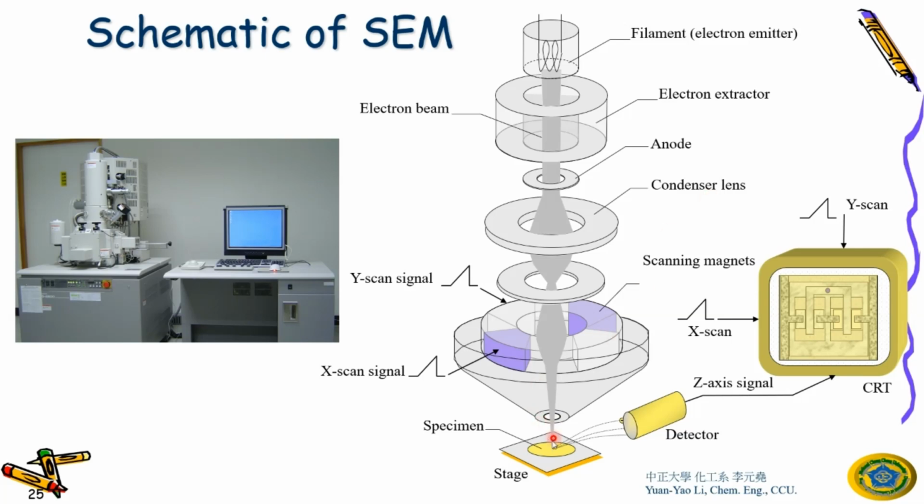You can use this beam to do scanning, because the spot of the electron beam is very small, so you cannot observe a big object. If you want to observe a big object, you scan. The electron beam scans the surface, and you collect this information from the detector. This is what we call the scanning electron microscope.